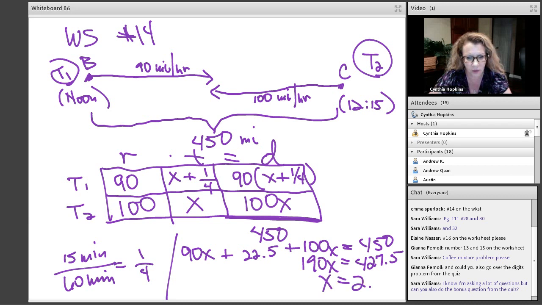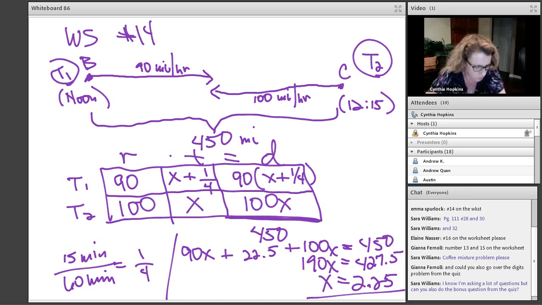When I look back at my chart, oh, that's right, x is how much time train 2 took. Well, that 0.25 is 1/4 as a fraction, right? And so that means 15 minutes. So 2.25 hours means 2 hours and 15 minutes.